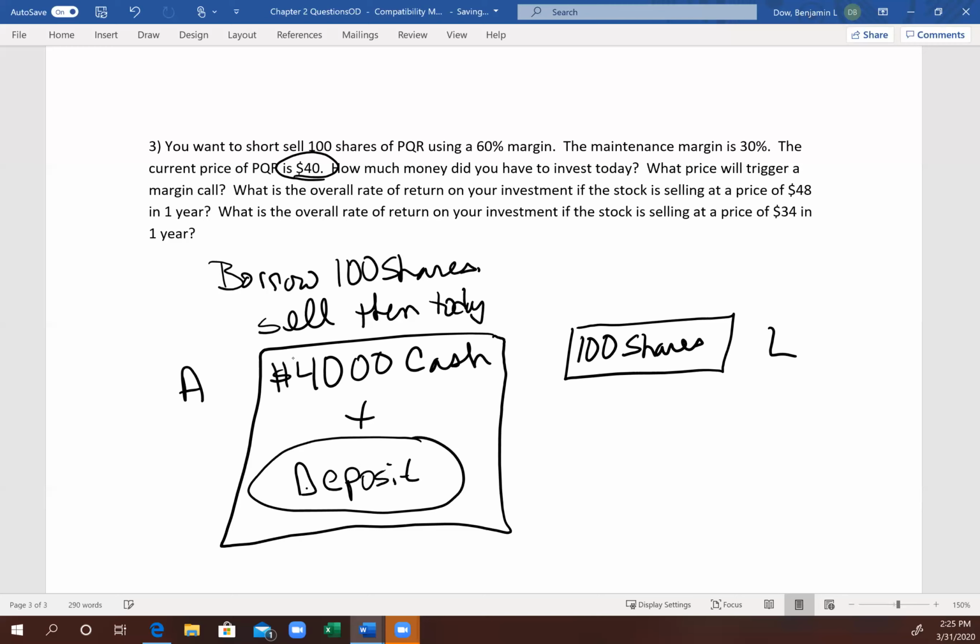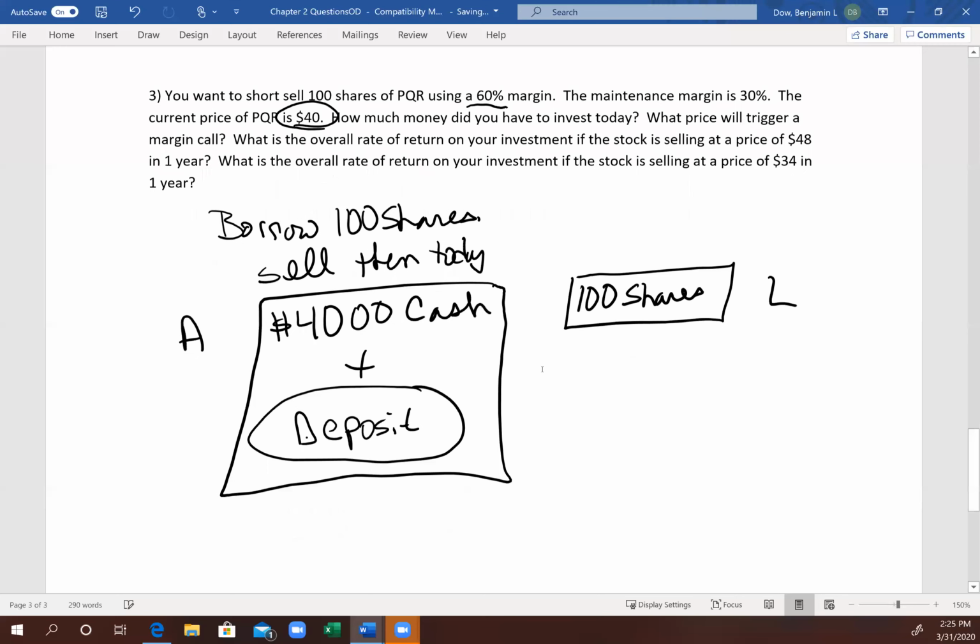Now, how much is that margin deposit? That margin deposit depends on the initial margin, which again is a minimum of 50%, but can be more than that. In this case, we've got an initial margin of 60%. Our formula doesn't change. Percent margin is equal to the equity position divided by the market value of the transaction.